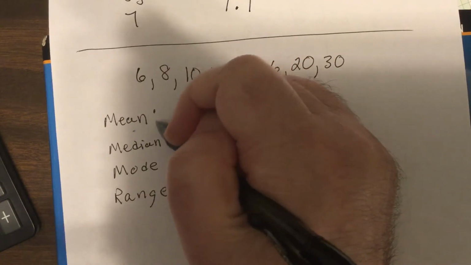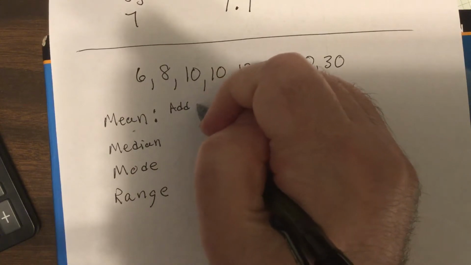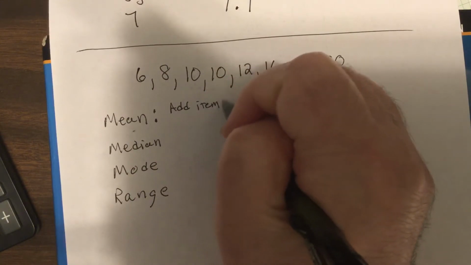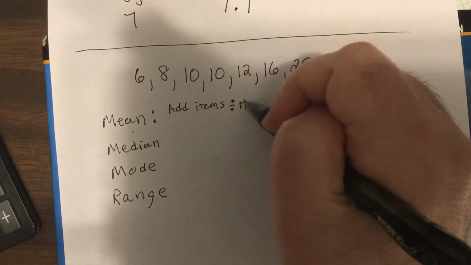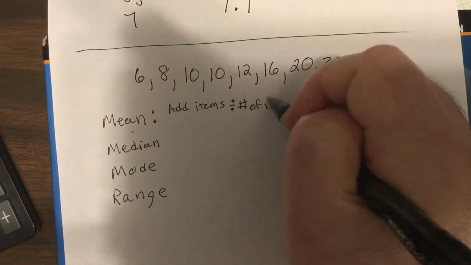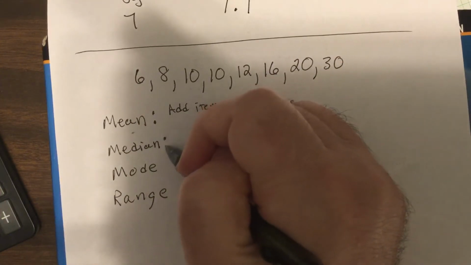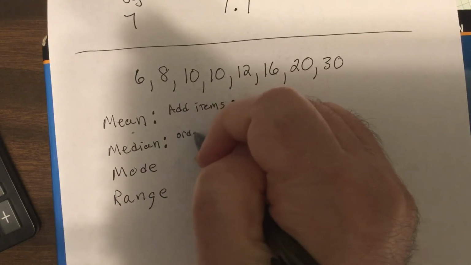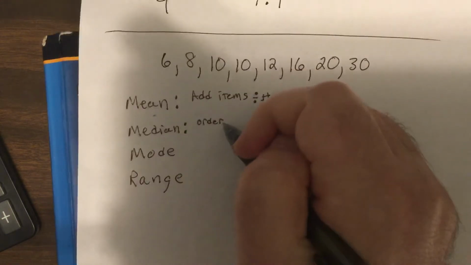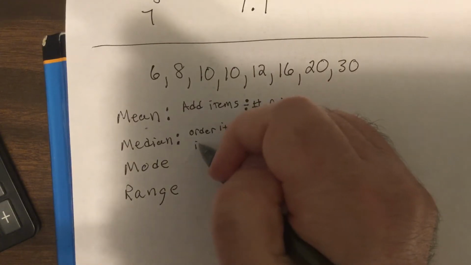Mean: you add up the items, then you divide by the number of items. The median: first you have to order the items, put them lowest to highest. Then it's the item in the middle.